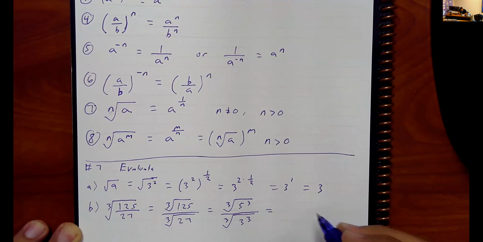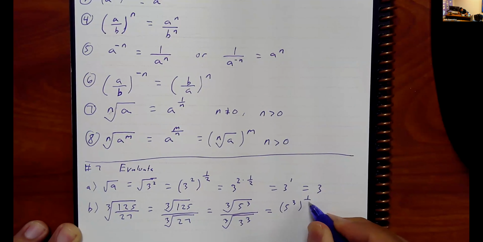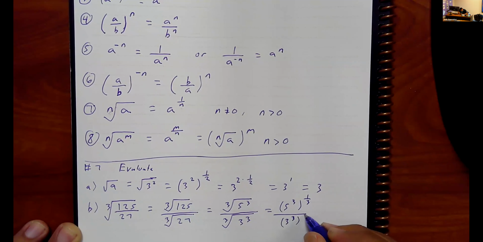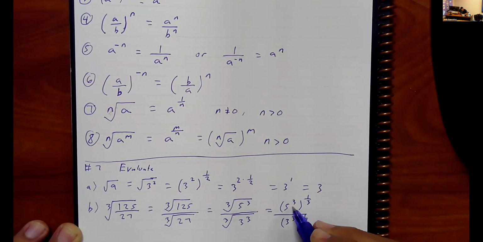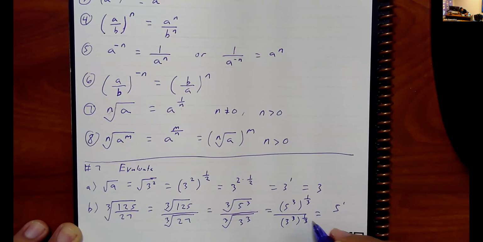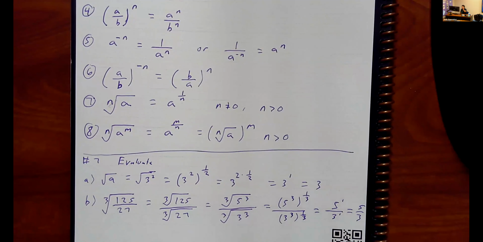So right here, this becomes 5 cubed. You could skip this step if you want, but just because we're doing it for the first time here, the index becomes a fractional power. 3 times a third, that's going to be 1. 3 times a third, again, a 1. So the answer is 5 over 3. Okay. Are there any questions on what we're doing here for part A or part B?